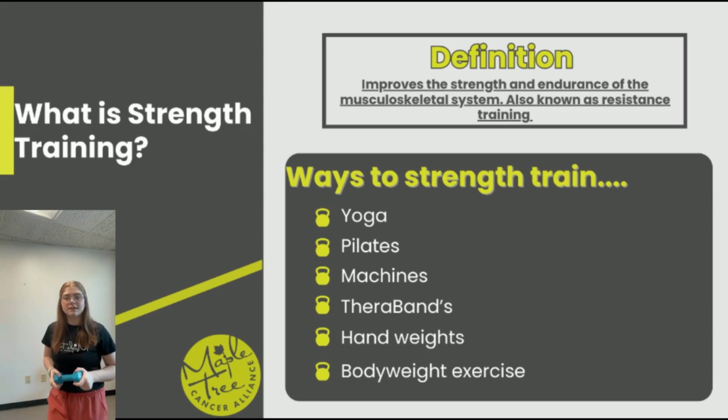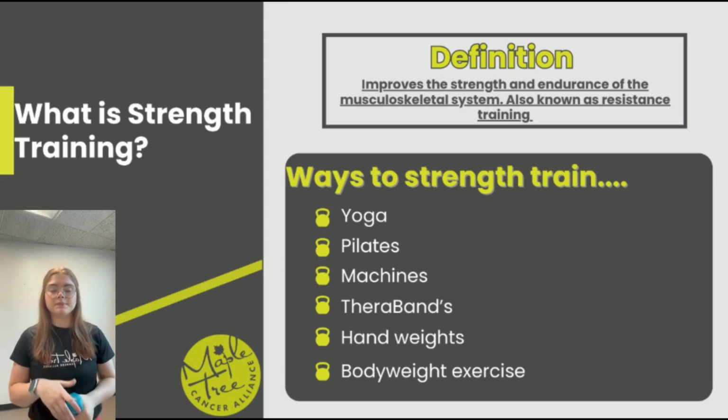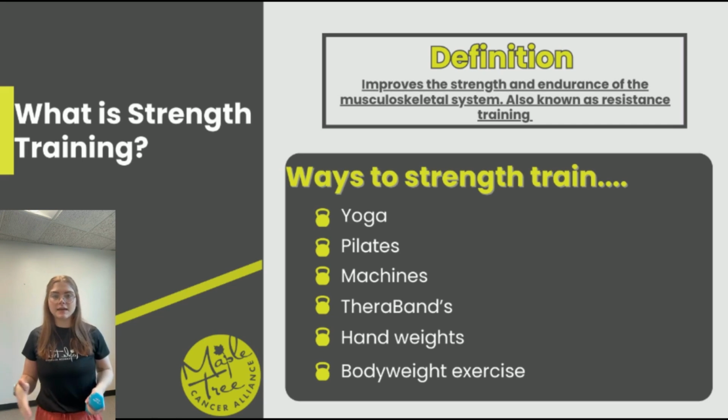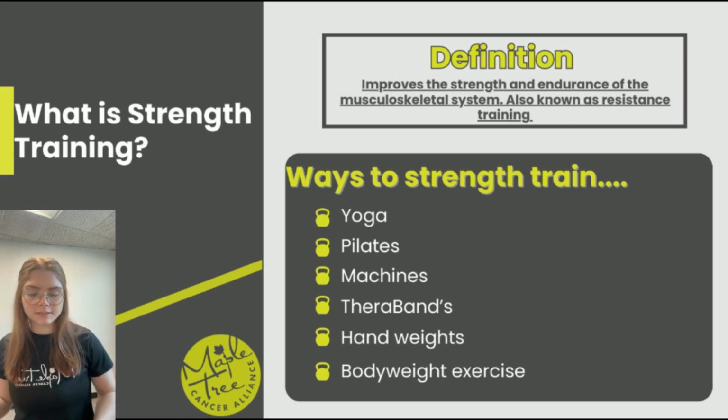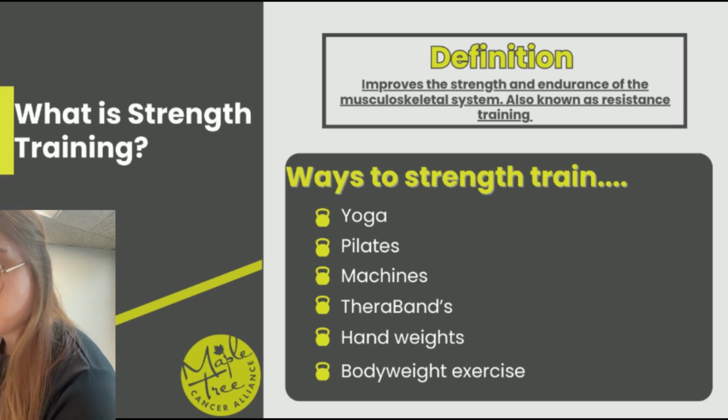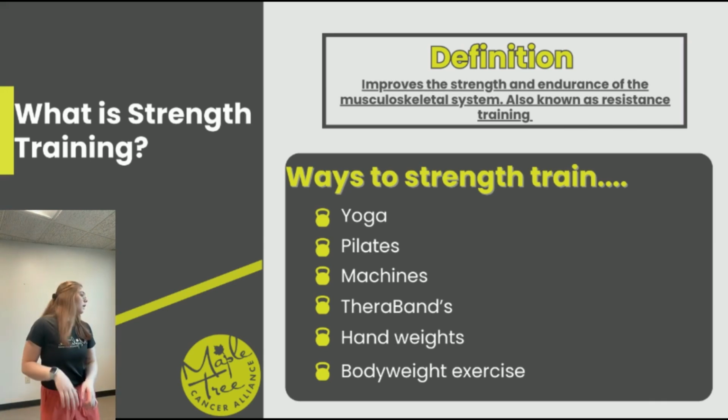If you do not have any equipment, that's okay. You can always rely on your own body weight. For example, some exercises that you can do are body weight squats, coming down, squatting. You can also do some lateral leg kicks, which strengthen the leg and the core.